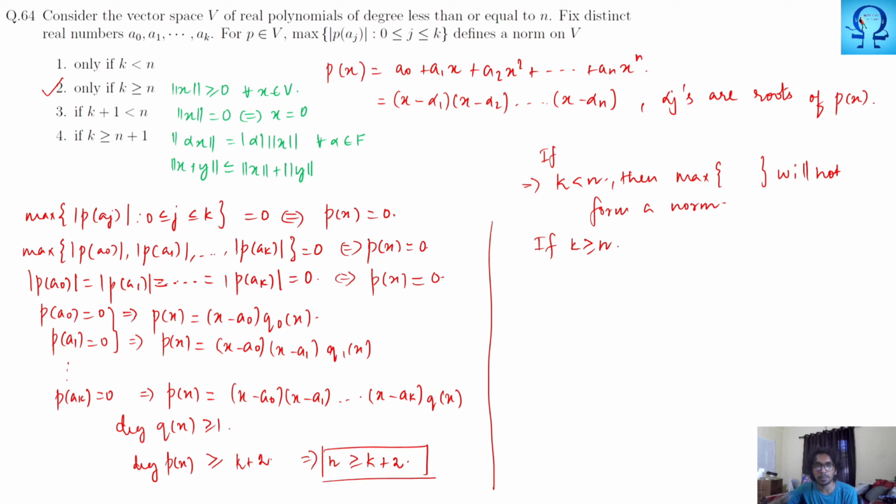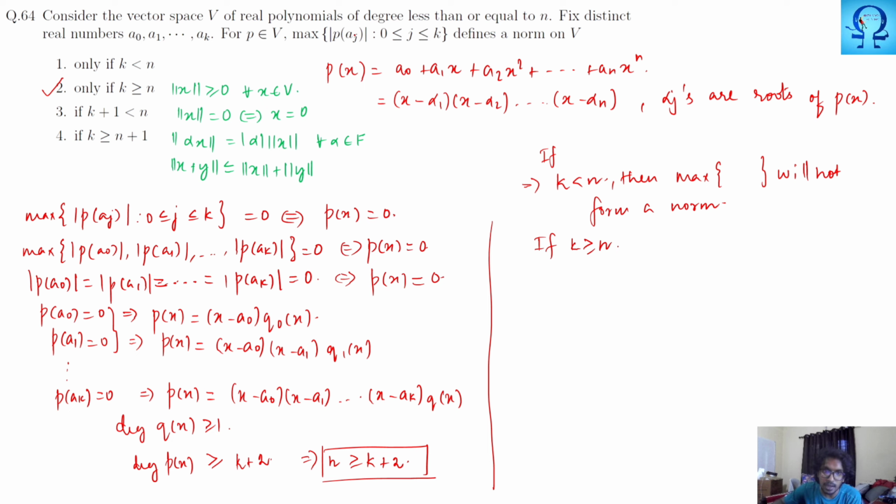And the simple logic is that, this is some theoretical ideology. Let me give you a shortcut way as well. Here, if p of x is a polynomial, then it must have n roots. And you are saying that the points you are defining, the maximum of something.